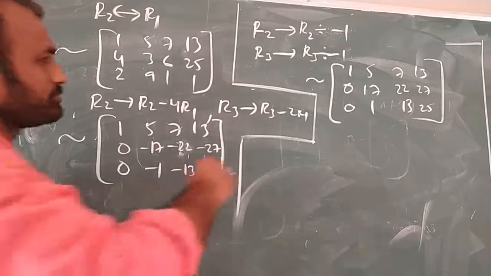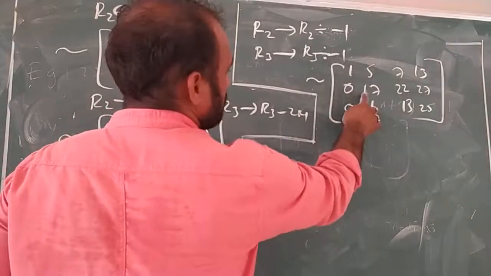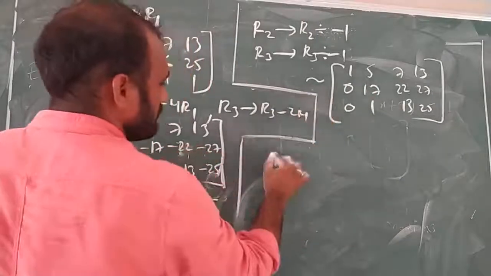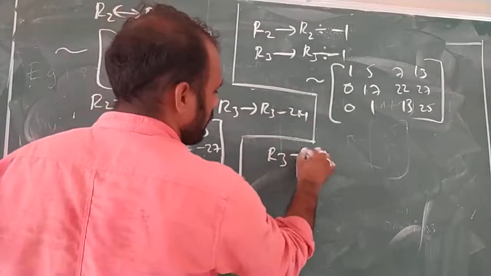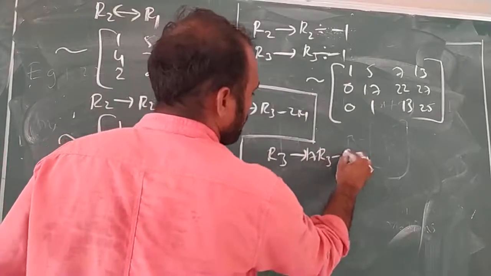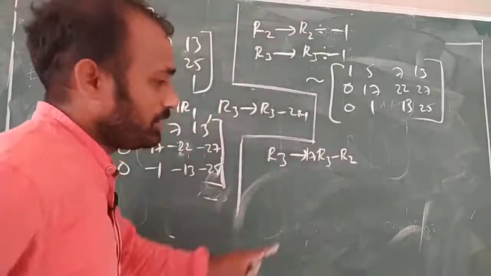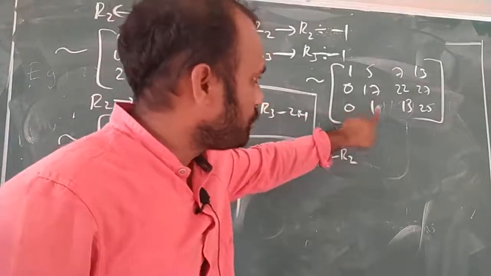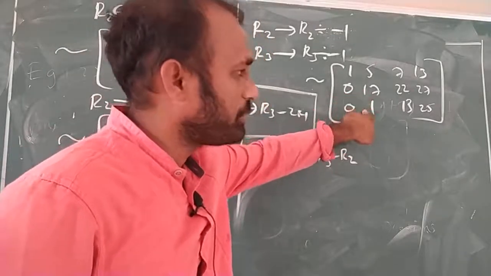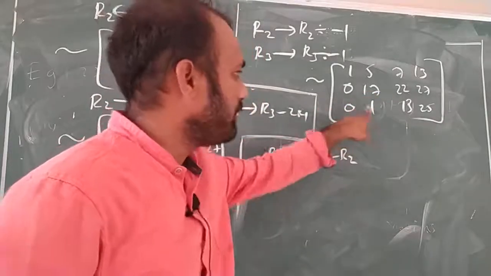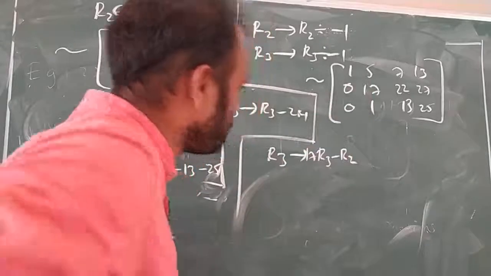Next, R3 can be written as 17 R3 minus R2. Observe why I am applying this operation: to make this a 0. How can this be made 0? Here 17 is there, here also 17 should come. So for R3 I am multiplying with 17. So 17 times 1 is 17, minus the R2 value, it will be 0.